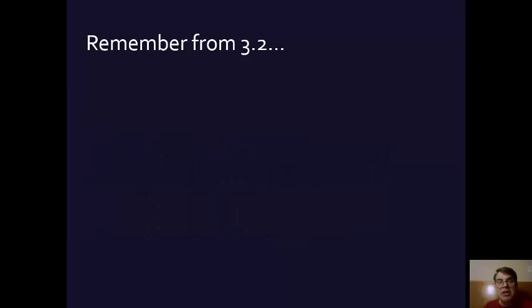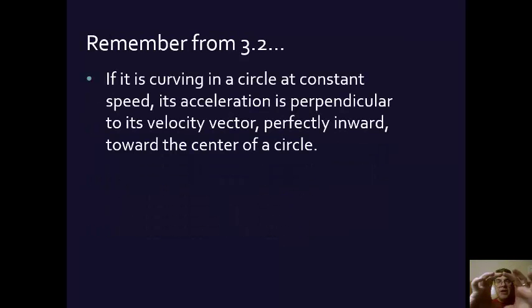Okay, remember from Section 3.2 that, and we are talking about circular motion in this section. This section is about motion in a circle. Not a big curve or a real tight curve, but a circular curve, as it were. So if this thing is going around in a perfect circle, moving at a constant speed, its velocity is changing because it's changing direction.